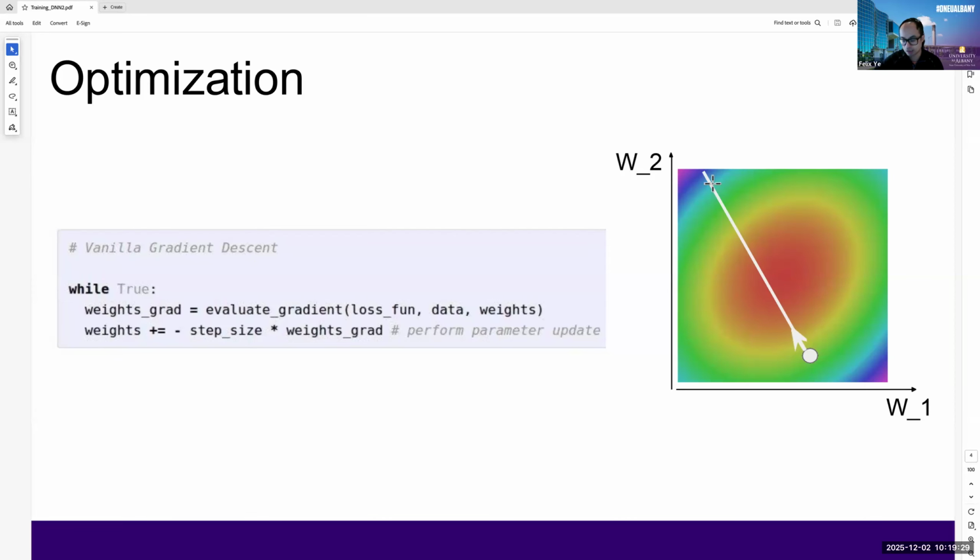But we know this is not efficient, because evaluating this gradient could be very, very expensive when you have tons of data. Calculating the gradient could take forever, so you take a really long time to get one update step of the weights.